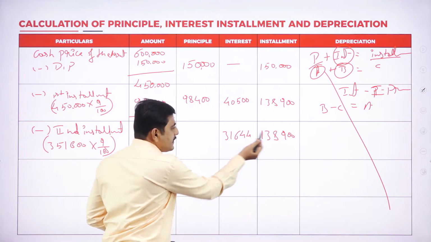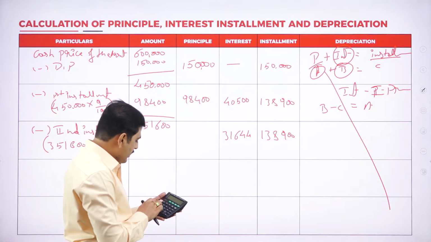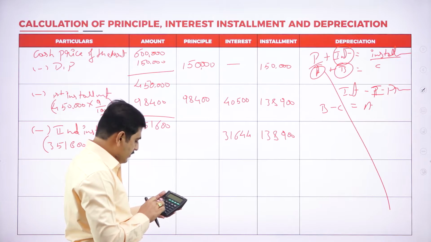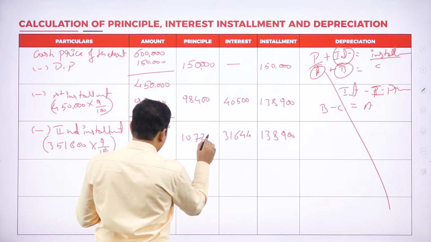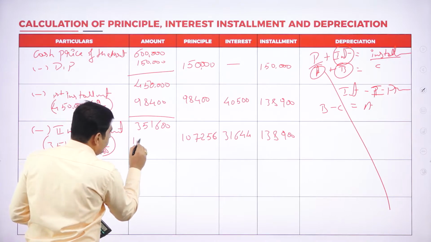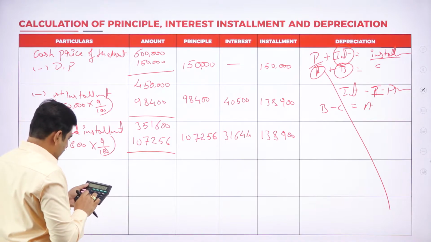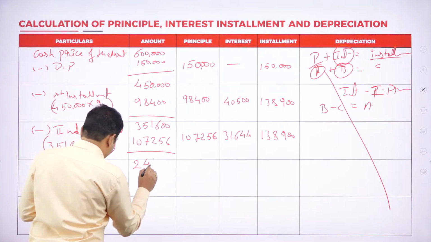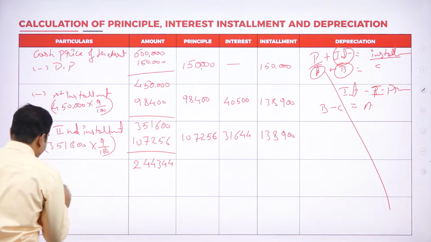So deduct this interest from the installment and you'll get the principal. 1,38,900 minus 31,644, so you'll get 1,07,256. Now again deduct this principal from the total principal: deduct 1,07,256 from 3,51,600. So you'll get 2,44,344.